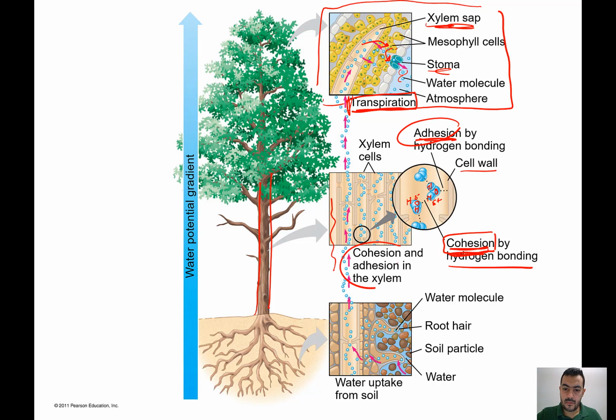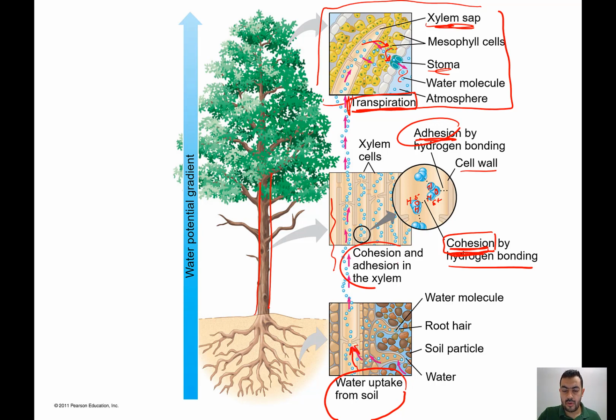So water is uptaken from the soil, as we have mentioned, crossing the epidermis, crossing the cortex, crossing the endodermis, crossing the Casparian strip, and then moving inside the xylem vessels.